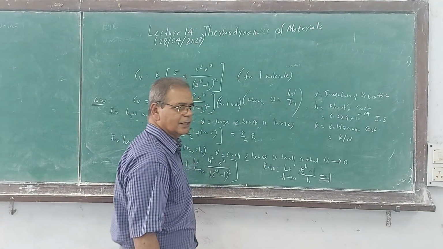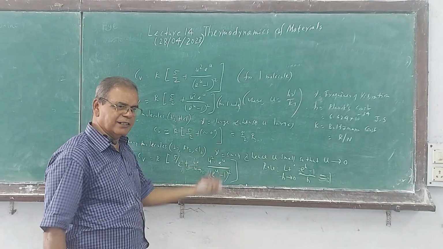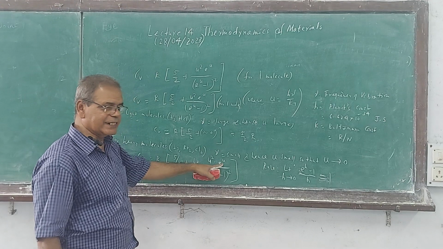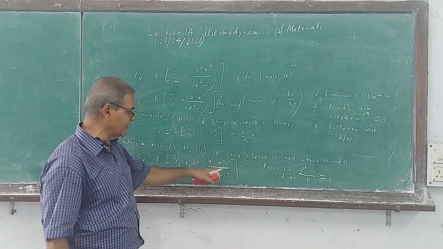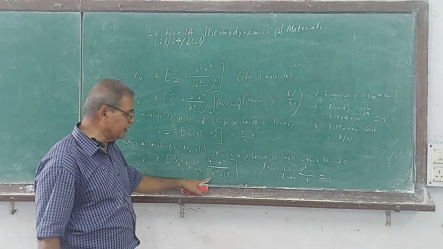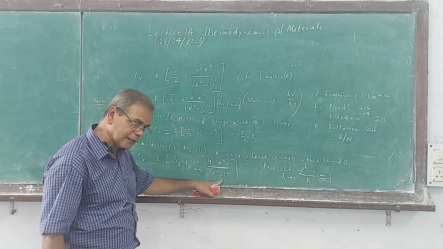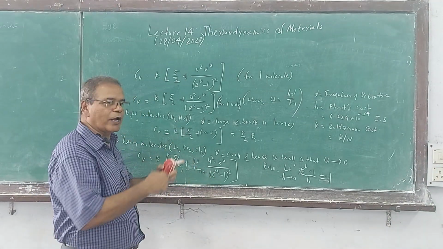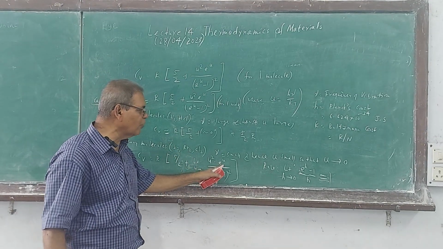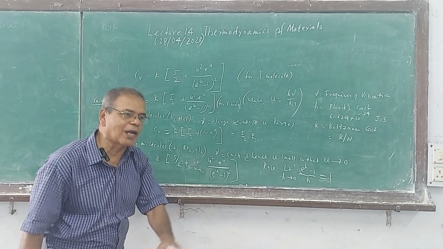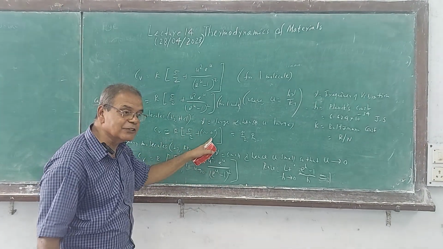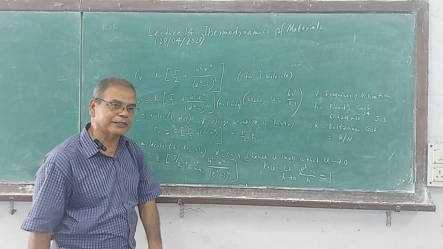So consider this as h: U is h. Follow me: (e to the power h minus 1) by h, and the whole thing squared, gives 1 squared, so 1. And U tending to 0 means e to the power 0 is 1. The whole thing is 1, so now a significant contribution is coming.